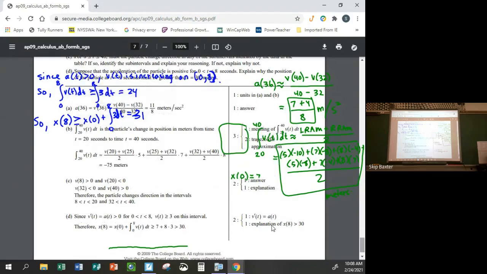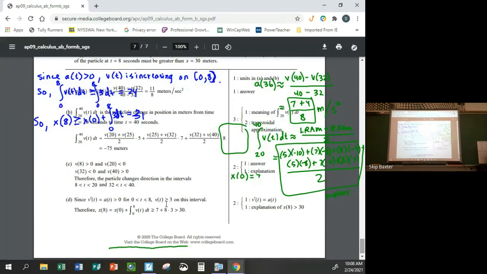Part C was the question where you had to identify subintervals, the IVT type thing. They don't actually say that here, but I think they're probably looking for it. If you don't state that the function is continuous and you don't state the IVT, I don't think they would have given you full credit, to be honest. So be careful about that.